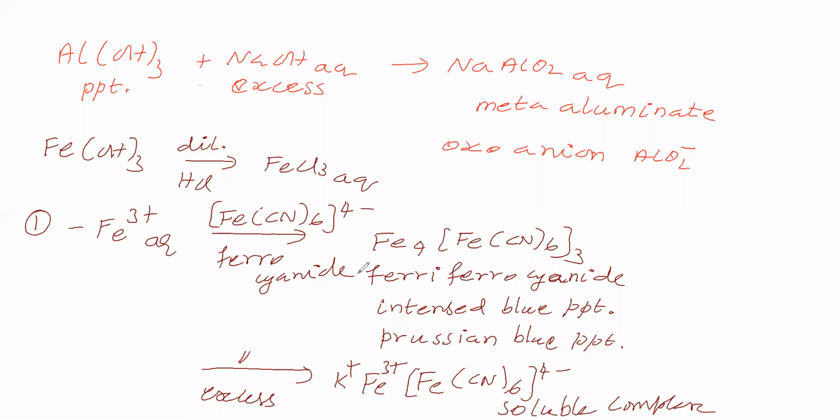We take a third part of Fe3 plus aqueous and add ferricyanide solution. In ferricyanide, the Fe oxidation number is +3, so here +3, here -3, so simply it becomes Fe[Fe(CN)6]. It is a brown colored solution.